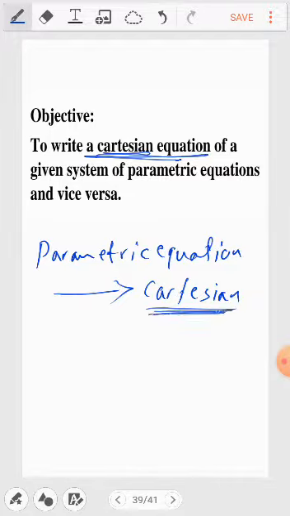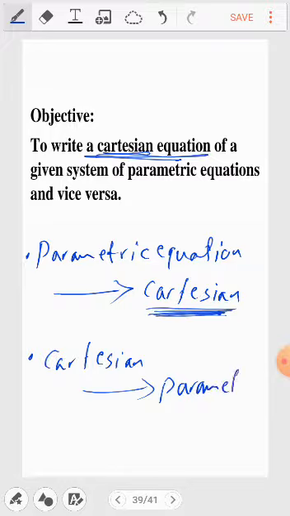Cartesian يعني either reduced or standard. And if we have a Cartesian equation, we have to write it in parametric. هي الفايس فيرسا. فايس فيرسا يعني إذا عندنا كارتيزيان بدنا نكتبها بارامتريك، وإذا عندنا بارامتريك بدنا نكتبها كارتيزيان. So our objective is to write a Cartesian equation of a given system of parametric equations. يعني عندنا parametric equation نحوله لكارتيزيان and vice versa. يعني عندنا كارتيزيان نحوله لبارامتريك.